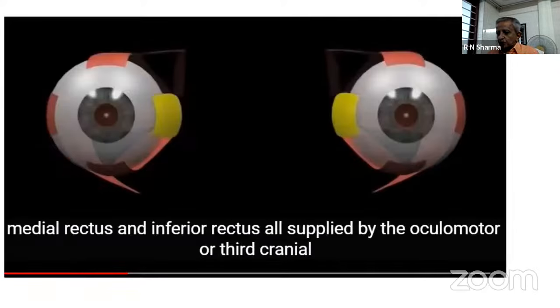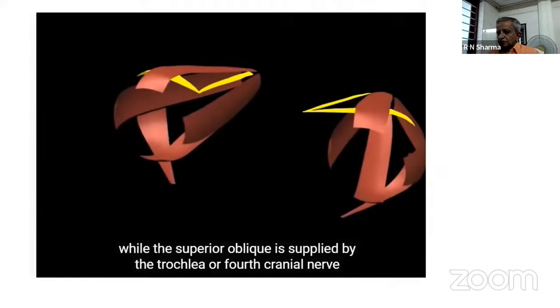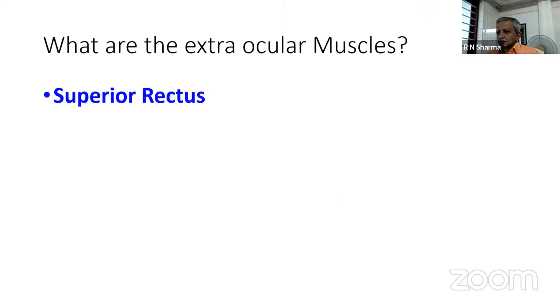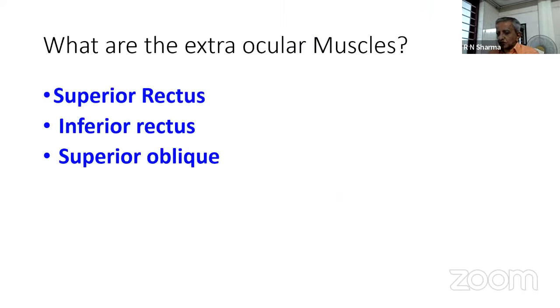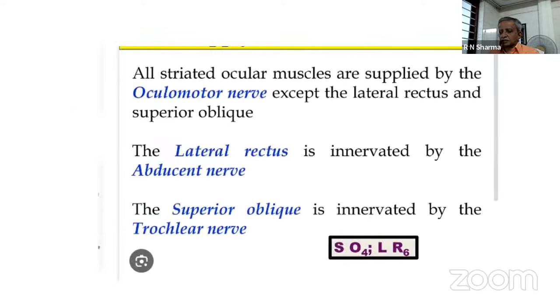The recti will be superior rectus and the inferior rectus. The oblique will be superior oblique and inferior oblique. The same thing, superior rectus, inferior rectus, superior oblique, inferior oblique, medial rectus, lateral rectus.